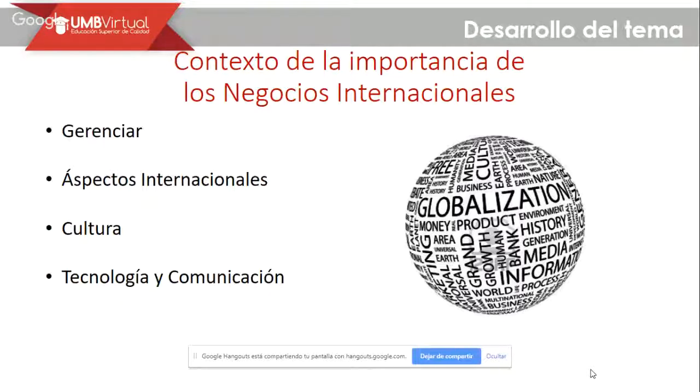And finally, we have technology and communication, which are also extremely important and are the basis of the ground rules, basically, of what we count on to do proper business on an international level.